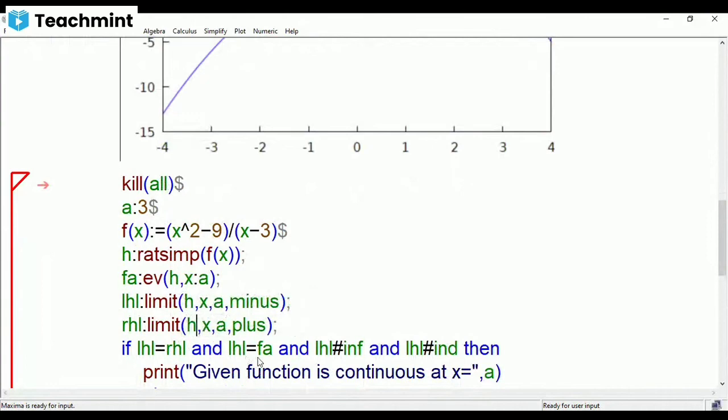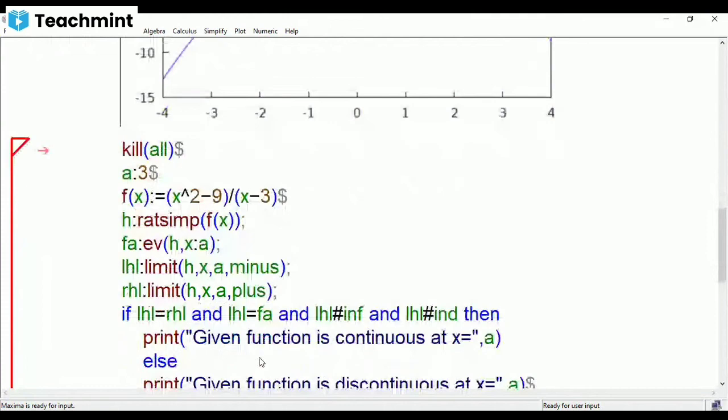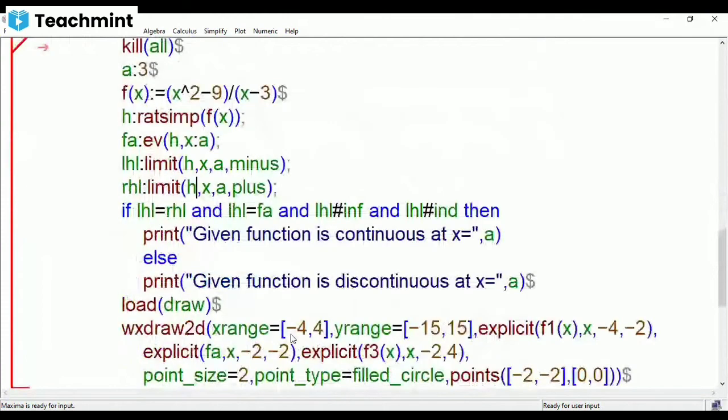That will be this. Then for the limit, as usual, once after rational simplification, you take h only. So this is your h. And the range they have given is from -1 to 5, and the remaining things are the same. The y range is from 4 to 8. For the left hand limit graph, there is no f1 of x, it is f of x from -1 to 3, because at 3 we are finding the limit.